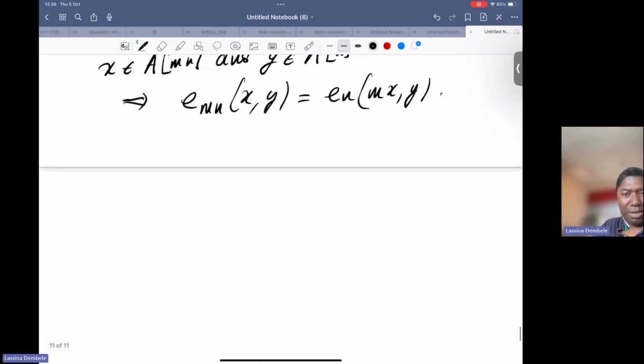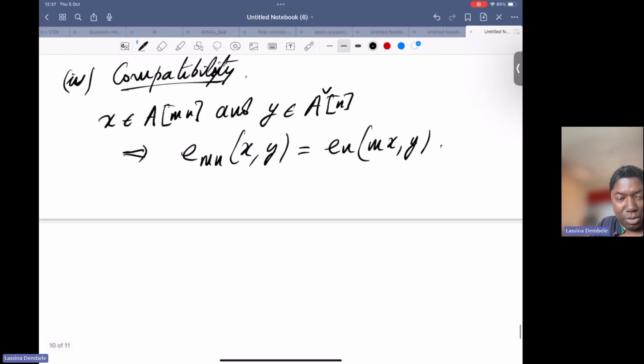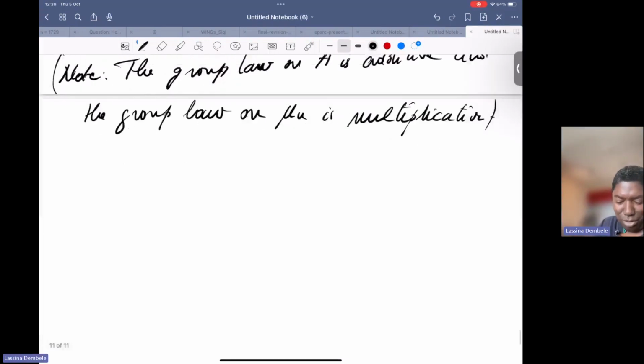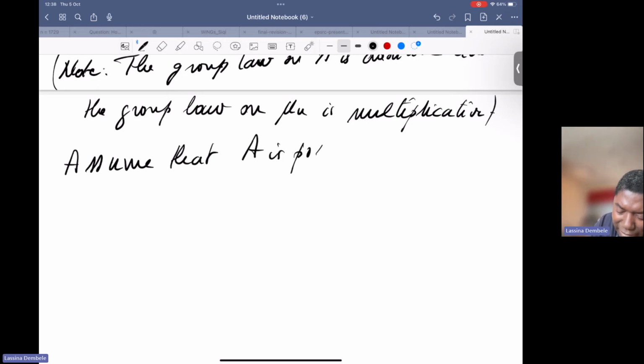Now, the one minor remark that I'm going to say before going further is the following. I'll tell you what we get from this pairing when we start with an abelian variety which is equipped with a polarization. So assume that A is polarized, meaning that we have a polarization lambda.